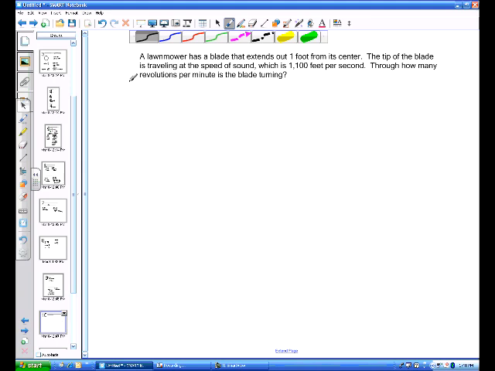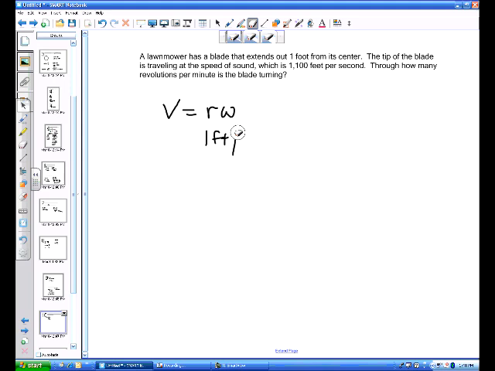Well, we're still going to start with the formula that we know, that linear velocity is equal to the radius times the angular velocity. We know the radius, it extends out 1 foot. And we know that the tip of the blade is traveling at the speed of the sound.